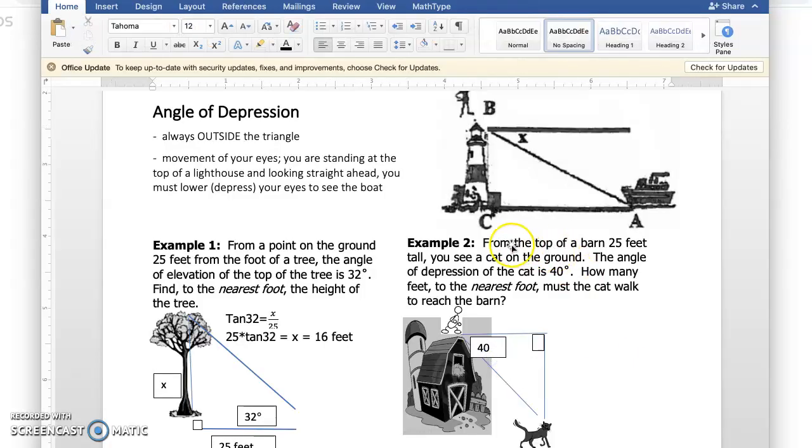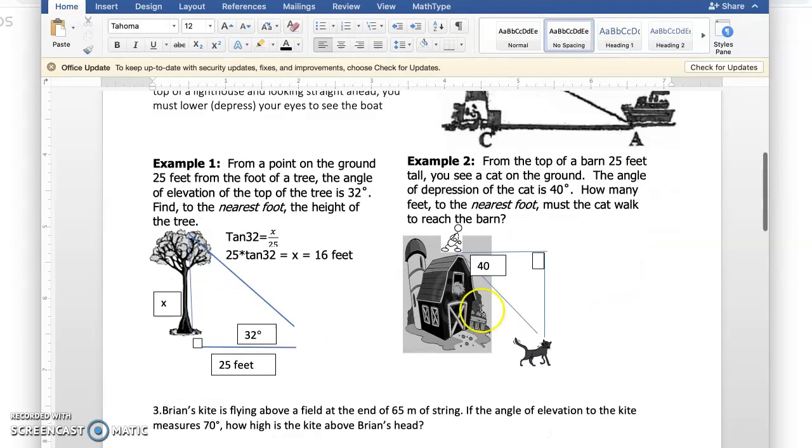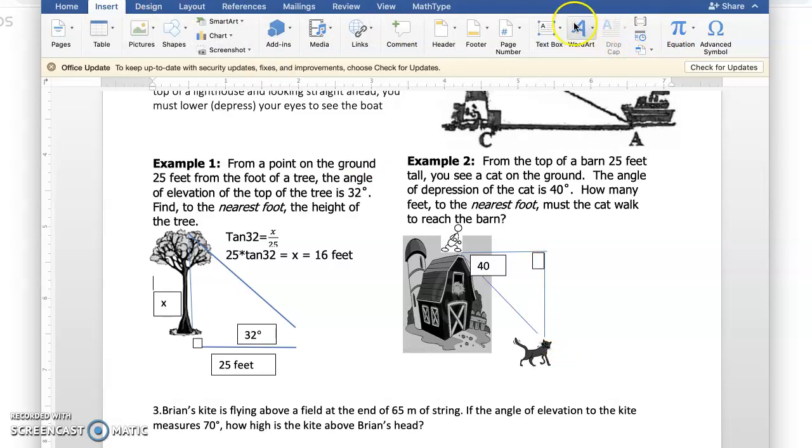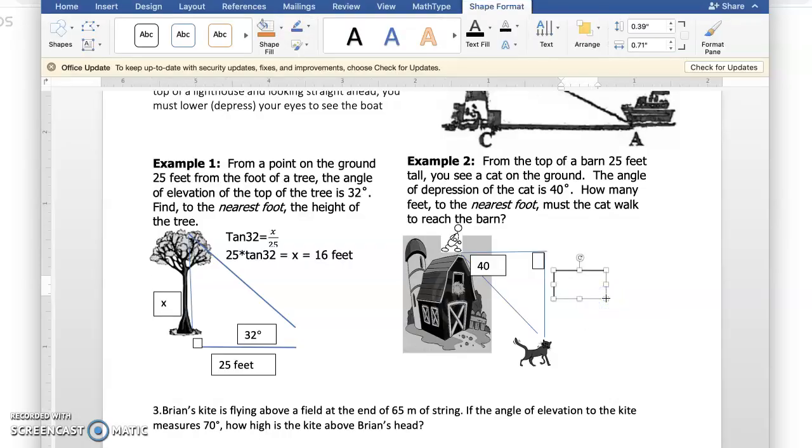And then it says from the top of a barn 25 feet tall, so this barn is 25 feet in height. Since I don't have this bottom triangle drawn, I can just assume that because this side length is 25 feet, right here on my terribly drawn triangle is also 25 feet. I'm not grading you guys on drawings. It's more that you have an understanding of what the image should look like.